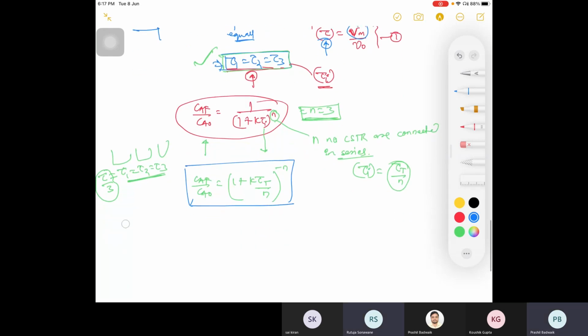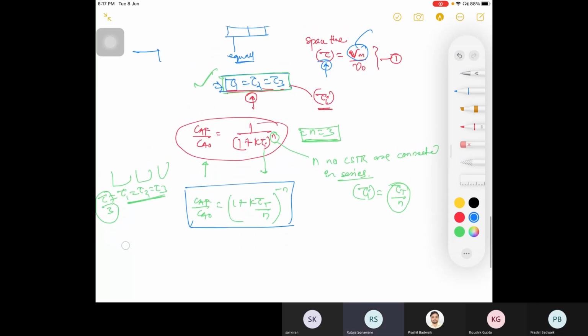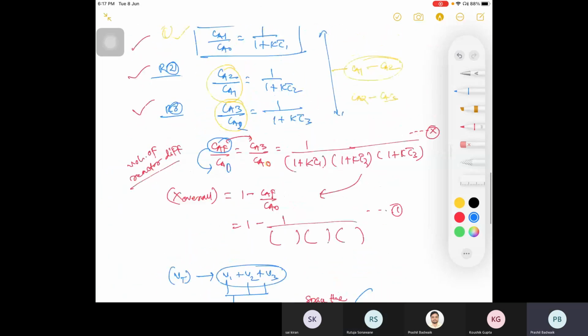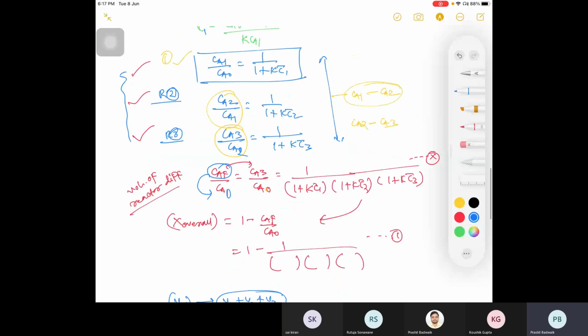Now, can you please repeat this last step? Okay, see what I did actually, using these three reactors, I found this equation, right? Final concentration and initial concentration, so the relation of both. Ca3 divided by Ca naught, if I am assuming three CSTRs are in series, so I will write here Ca3 divided by Ca naught.